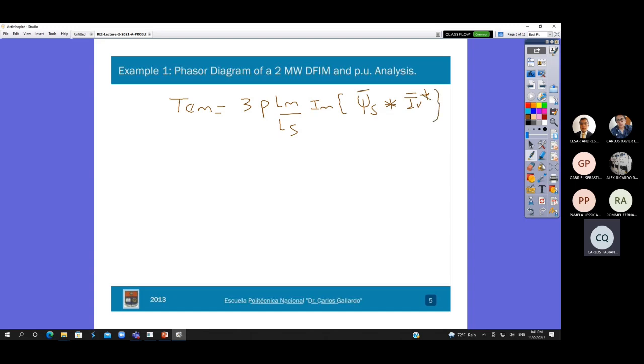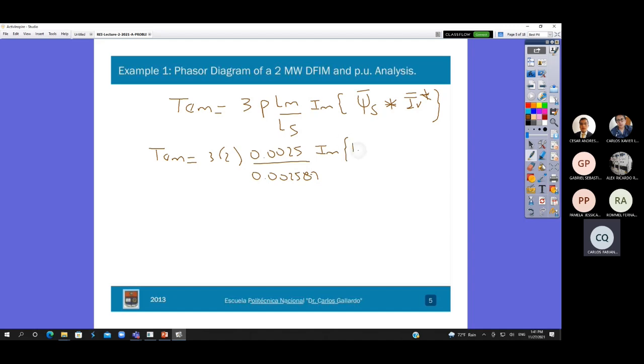So the electromagnetic torque is equal to 3 times the number of poles, times the magnetizing inductance, which we have already used, 0.0025, over the stator inductance, 0.002587, times the imaginary part.